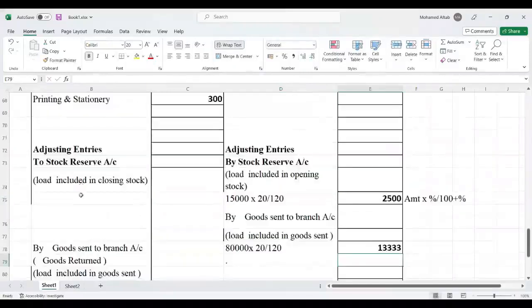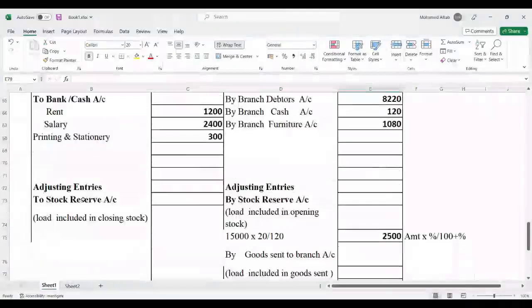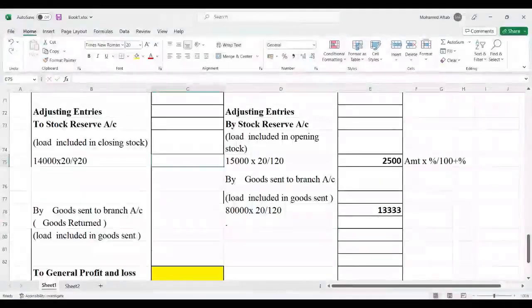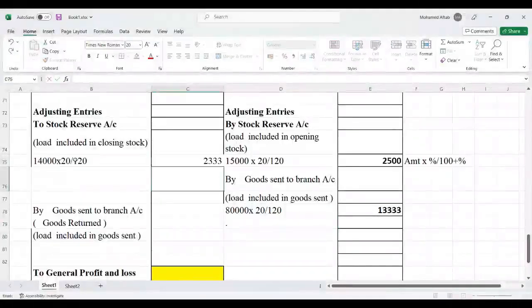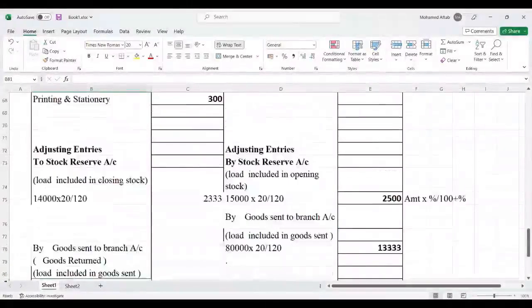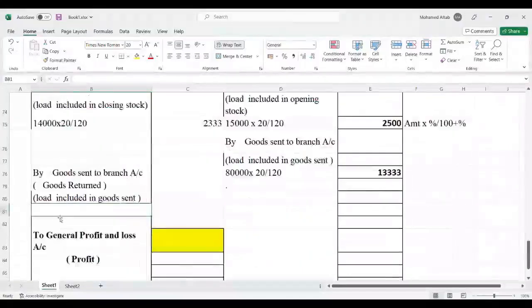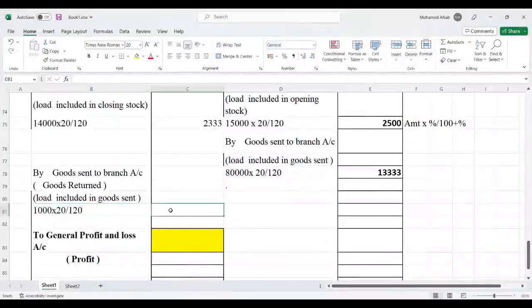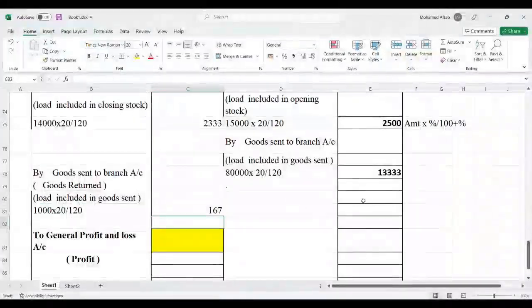Next, for closing stock it is 14,000. 14,000 into 20 by 120, so 2,333. Next it is for goods returned. Goods returned is 1,000, so 1,000 into 20 by 120, so 167. So the loading included for opening stock, closing stock, goods sent, and goods returned, we are done.